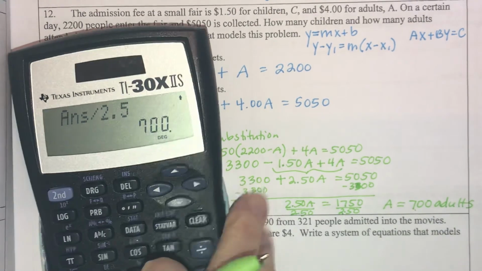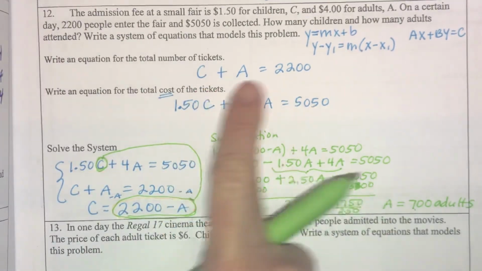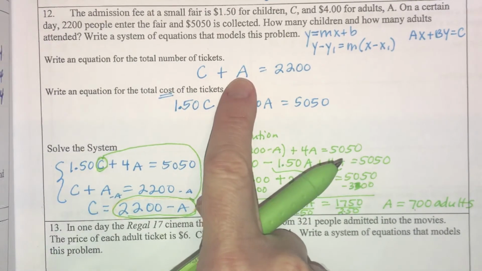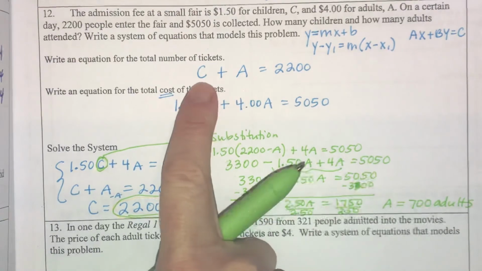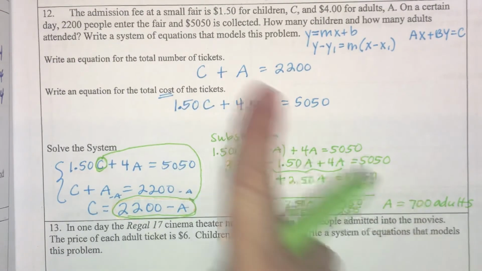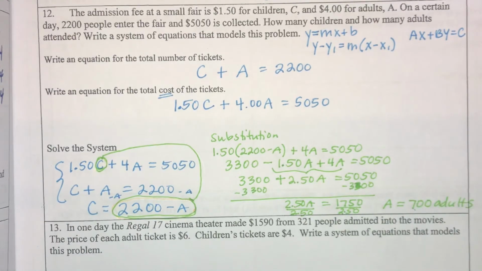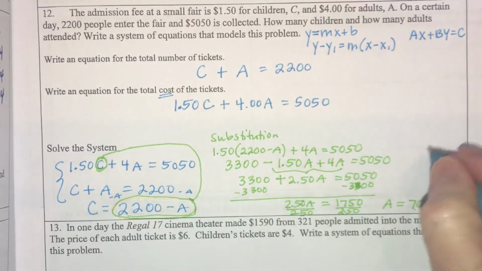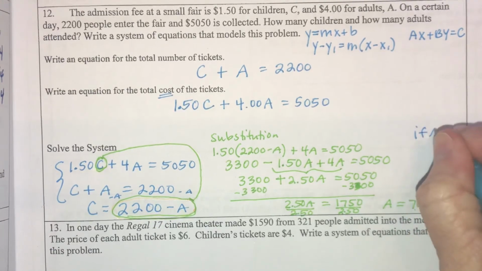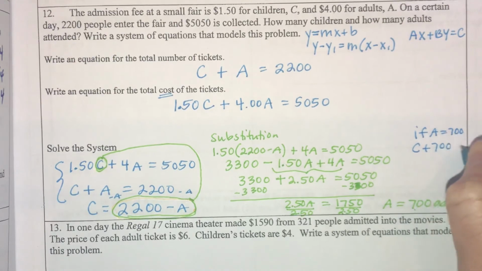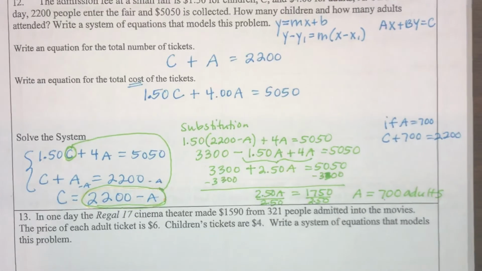Now the total number of adults here, if I know how many adults went to the fair, then I can solve for my C because the adults plus the children should equal 2,200. So now I'm simply just plugging A back in, and really you can plug it into either equation. So if A is equal to 700, children plus 700 adults equals 2,200 total people that went to your fair.